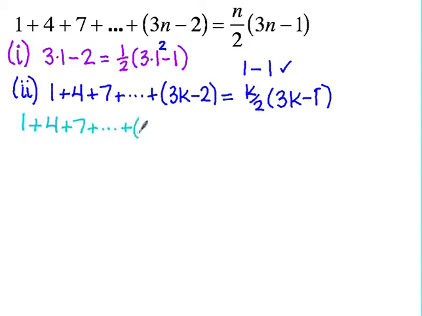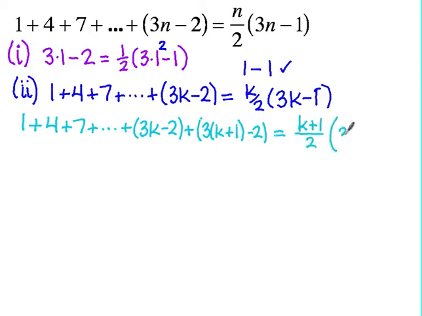So I'm going to go ahead and duplicate this step right here, and then what I'm going to do is a plus 3 times k plus 1 minus 2. On the right side, k plus 1 over 2, very good.